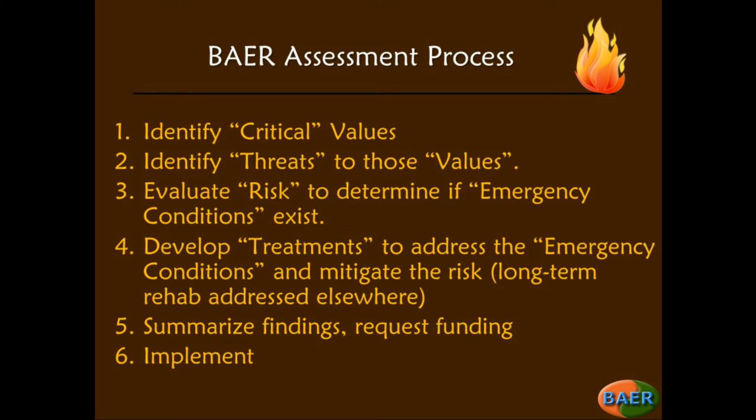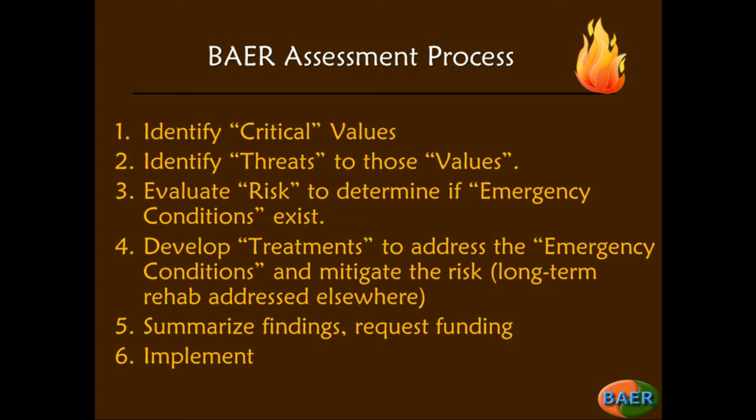How much runoff is likely to happen? So once we've identified those things, then we can say, okay, I have this value, this thing I care about. The threat is, say, erosion and runoff to affect water quality, and that it's a high risk, for whatever reason.